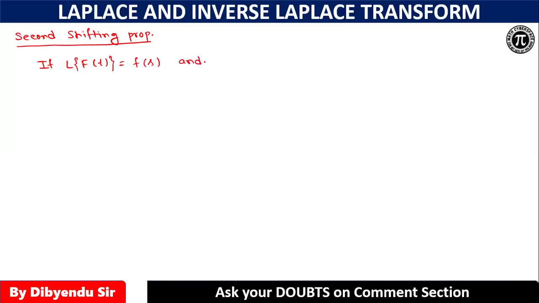And you will also be given another function g of t. This function g of t will be represented with the help of the given function f of t. So g of t is equal to f of t minus a when t is greater than a, and 0 when t is less than a.